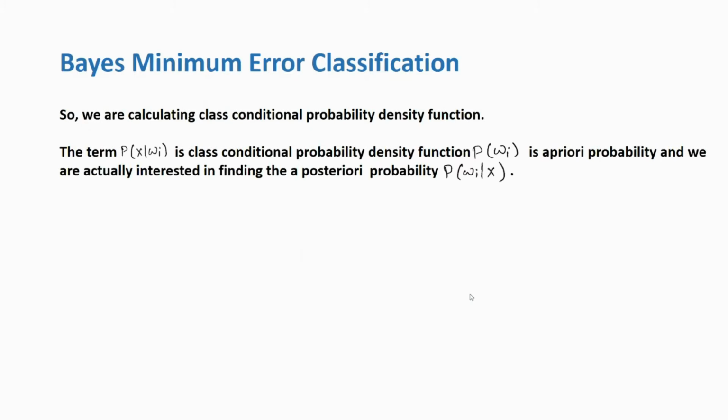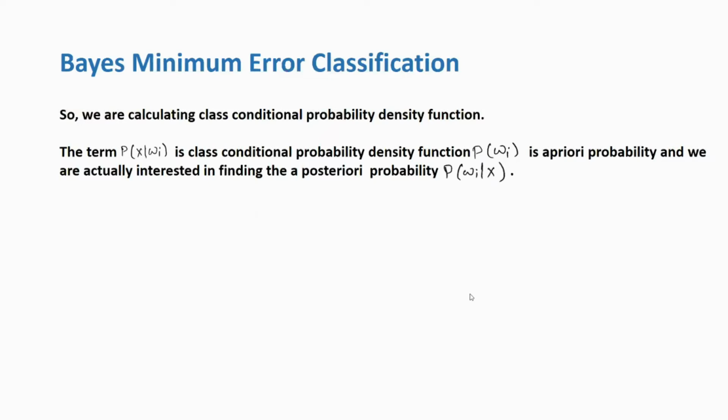So before I start, I want to give you a heads up with some basic rules of basic probability concepts. Basically, when we talk about the basic probability concepts, we are calculating the class conditional probability density functions.